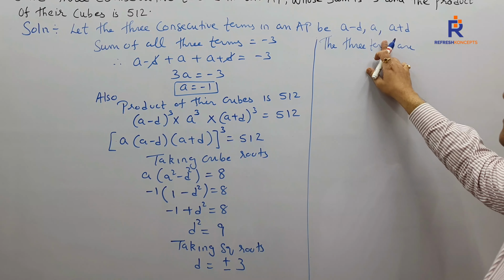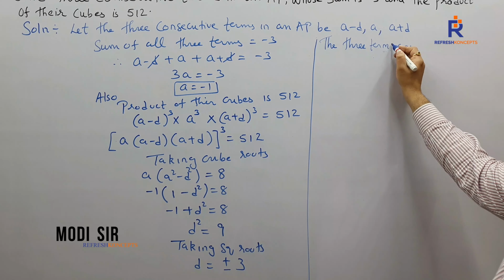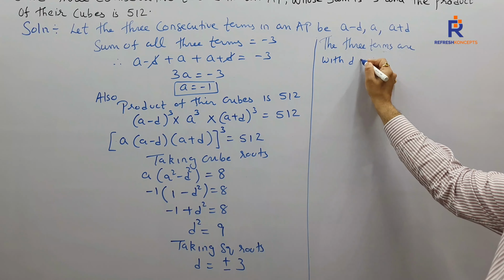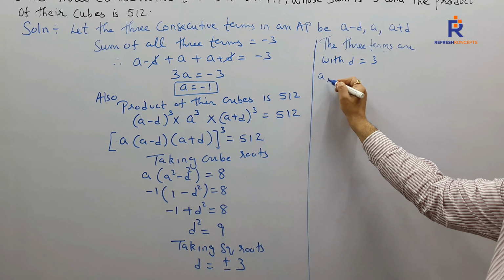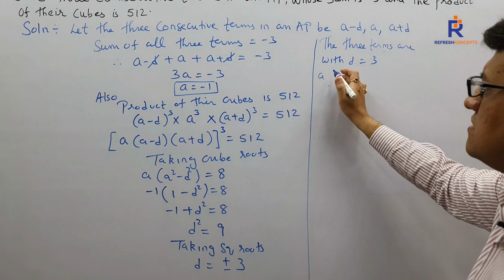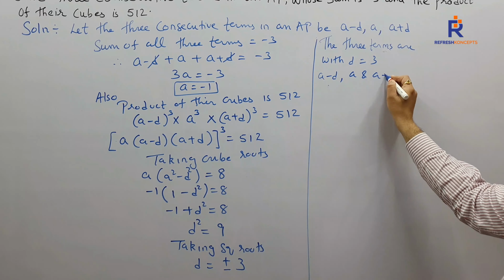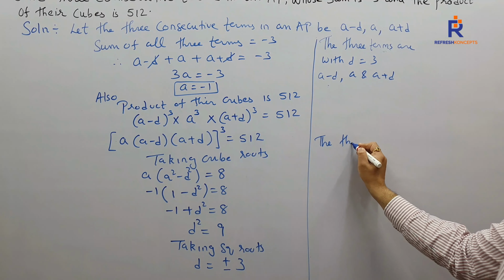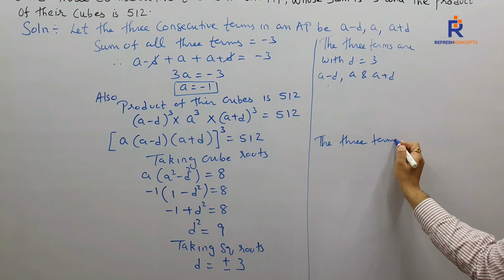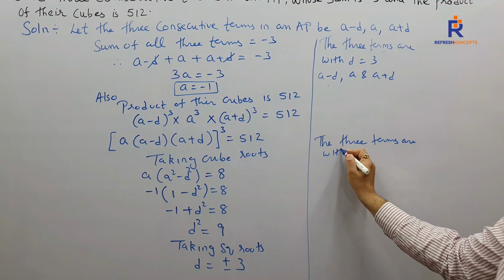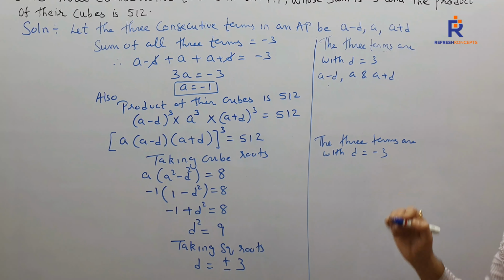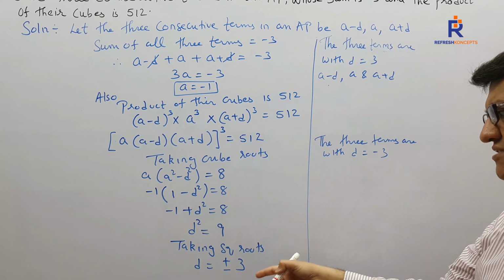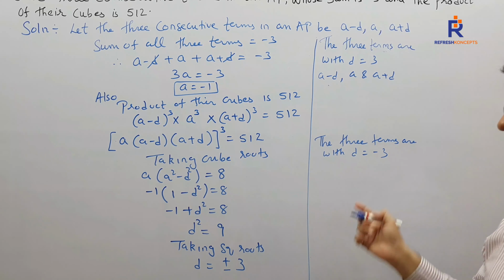So let me say with d as plus 3, let the three terms be a minus d, a and a plus d, and next the three terms are with d as minus 3. Actually, both the answers are going to be the same, only to make you understand that we will take both the conditions, plus and minus, but the answers are going to be the same.